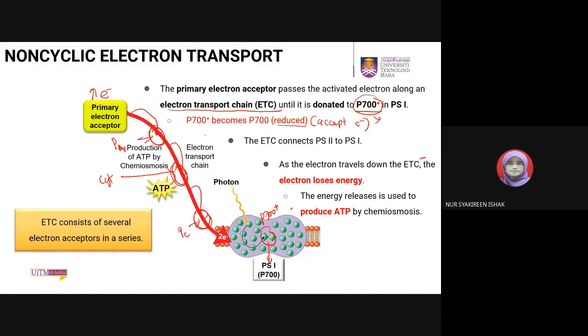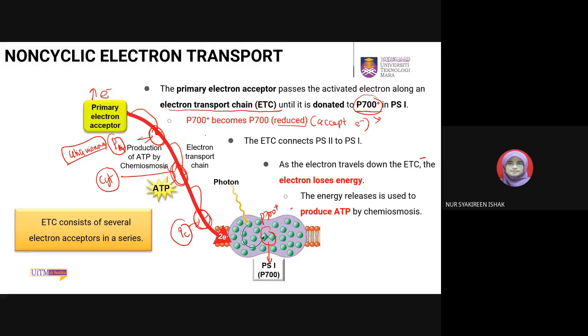Okay, PQ stands for plastoquinone. PC adalah plastocyanin. CYT adalah cytochrome. Okay, so those are the electron carriers of the ETC, and all these are embedded in the thylakoid membrane.